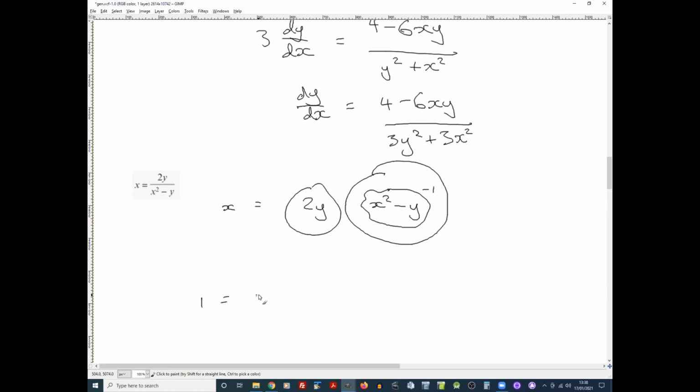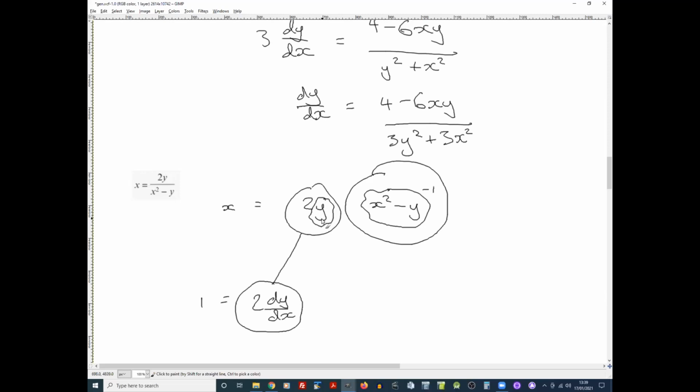What's the derivative of 2y with respect to x? 2 dy dx. Yes, so you've got to be aware that you're differentiating with respect to something further inside; y is not the end of the story there.